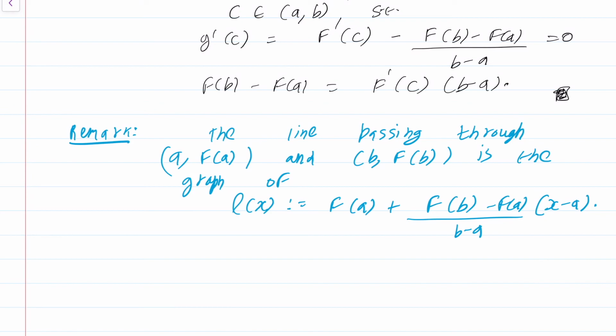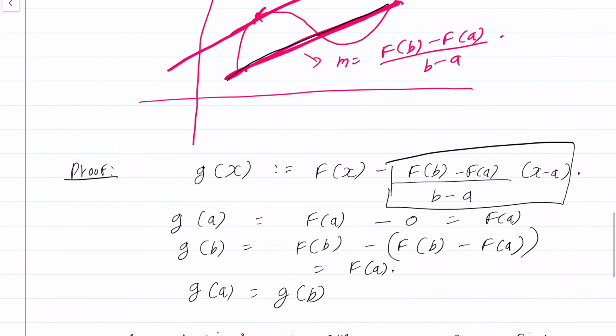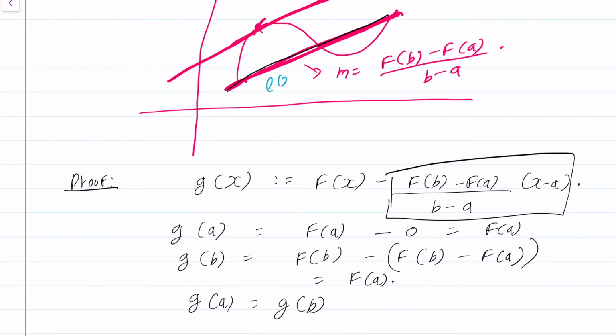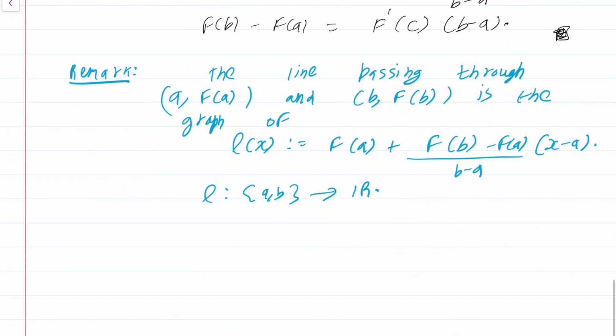This is actually going to be the graph, so L from [a, b] to R. This L of x is actually the equation of this line from a to b.